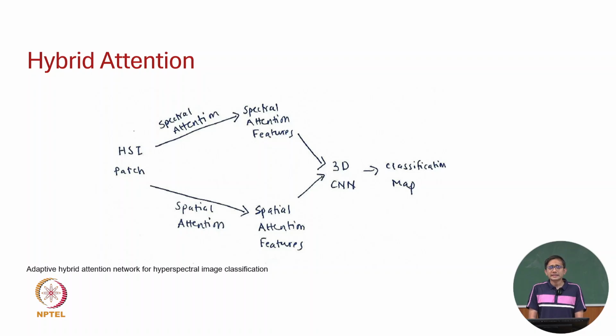However, the main message here is that since the spectral features and the spatial features both are very important in case of hyperspectral image analysis, the architecture needs to account somehow for both of them, which is emphasized in this particular architecture.